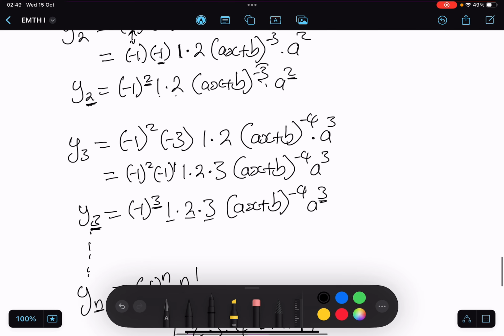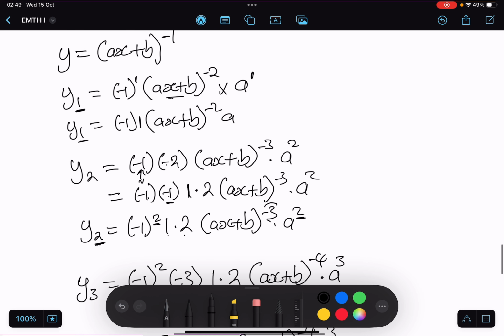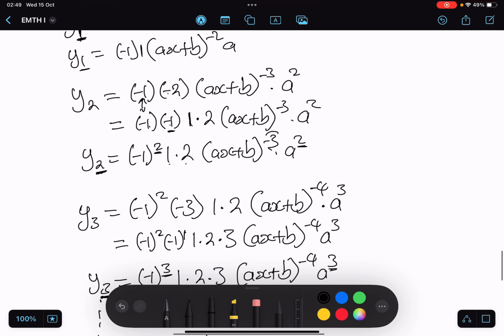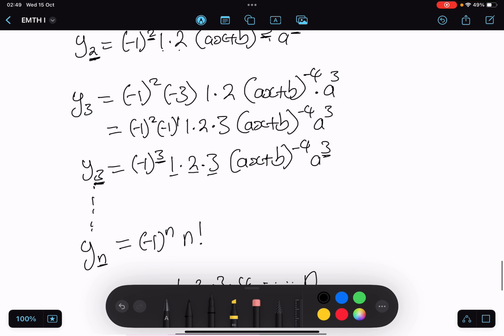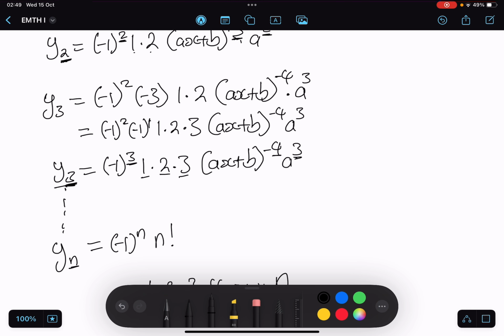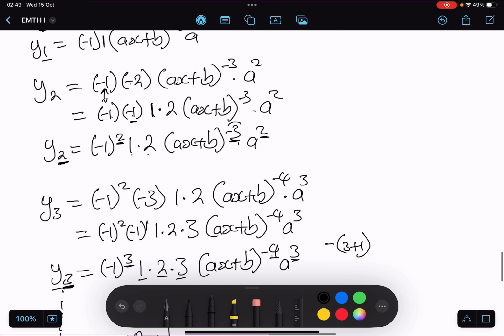And then coming back to this, for y1 you have -2, for y2 you have -3, for y3 you have -4, which means this -4 is the same as -3 plus 1. This -3 is the same thing as -2 plus 1, right?